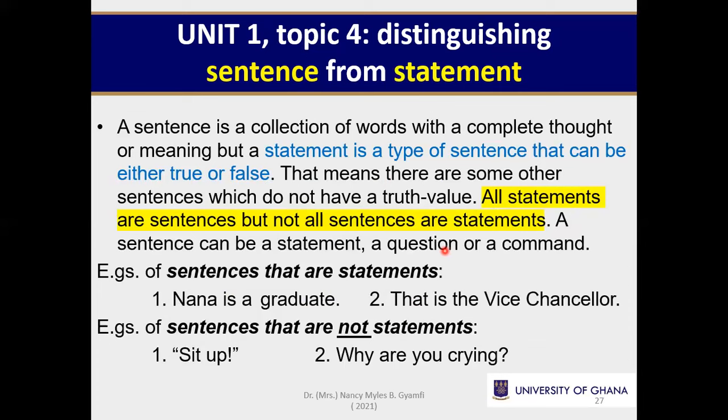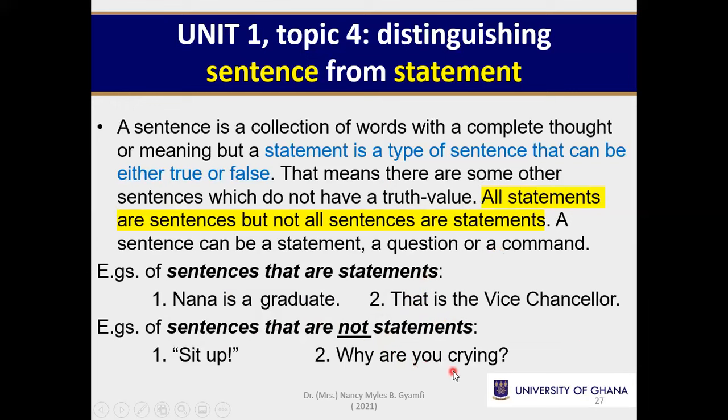So it is a sentence, yes, but it is not necessarily a statement. A statement is a specific type of sentence. Which one is that? The one that informs you, gives you information. So an expression could be a sentence, a collection of words with a complete thought, yes, sit up. But it need not necessarily be a statement. You see that? So all statements are inside the big set of sentences.